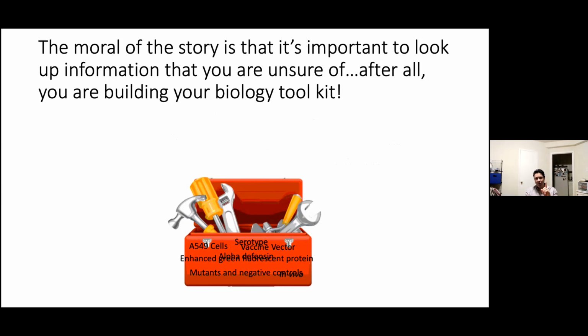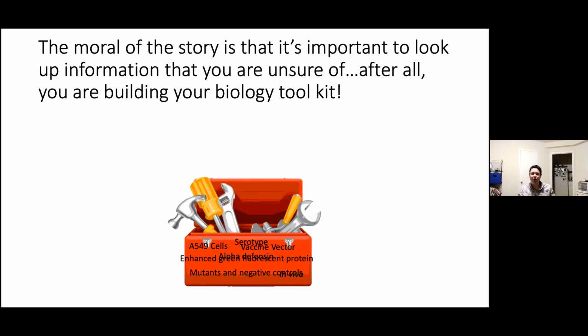What this is going to do for you, and this is really important, is that with the next manuscript you read, or maybe the next 5 manuscripts, you are going to keep building your biology toolkit. Let's say 5 manuscripts from now, you come across another one based on adenovirus vaccines or some other vaccine. It doesn't make a difference. And they talk about mutations, or a negative control in an experiment. You don't need to go back and look up what a negative control is, right?